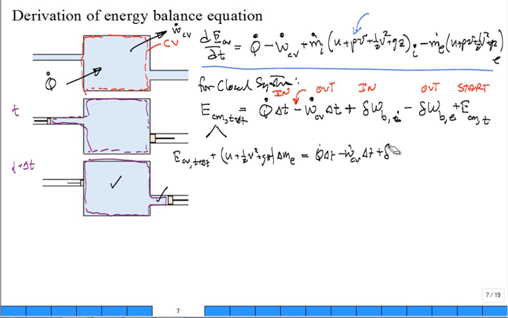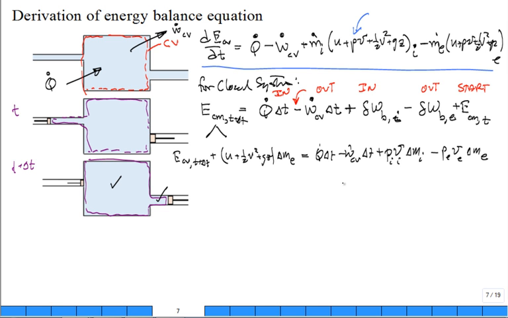If you want, we can substitute. What is delta W_B on the inlet? Pressure, volume, inlet, delta m inlet. True? And then I'm going to run out of room, so I'm going to have to wrap it around. But minus P exit, v exit, delta m exit.